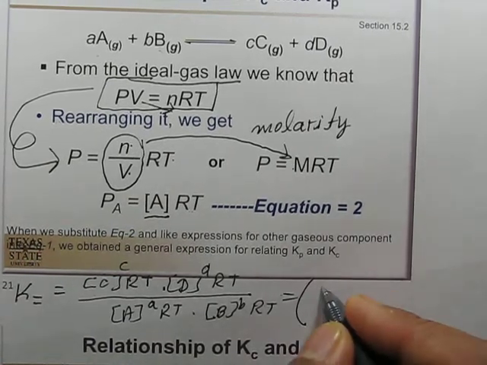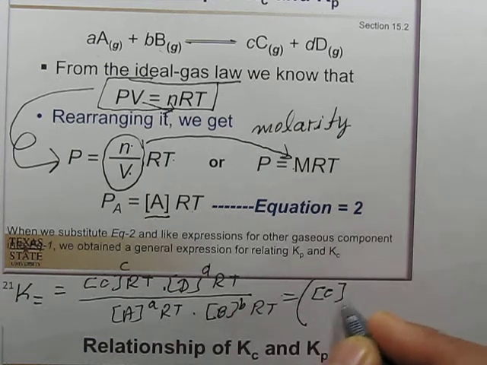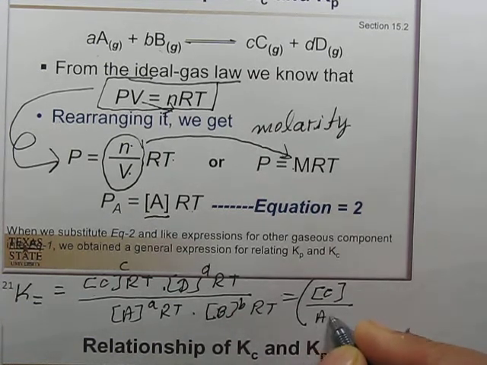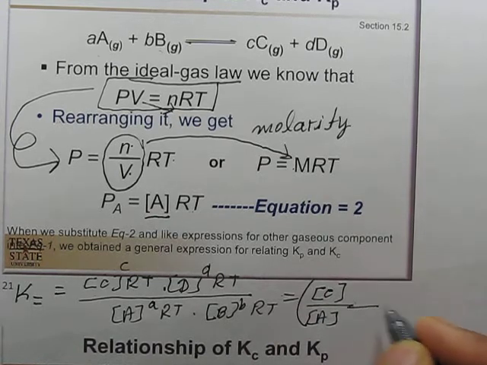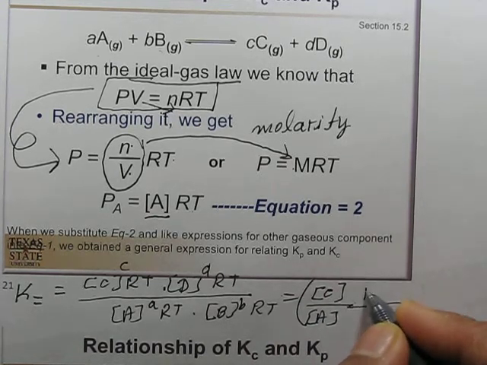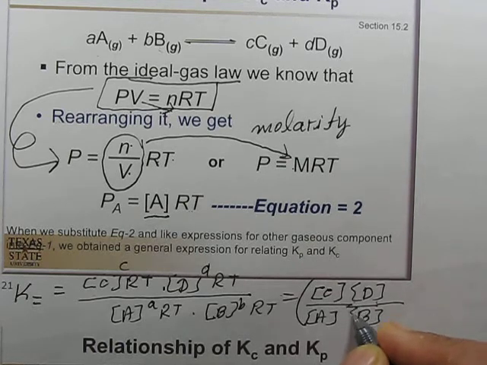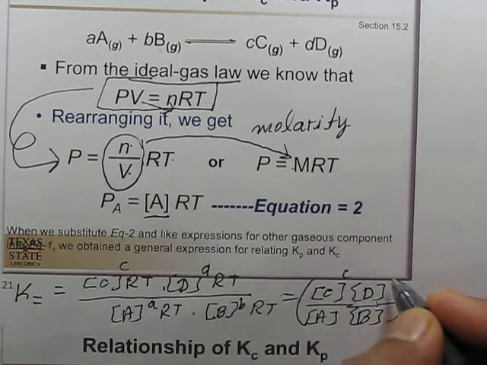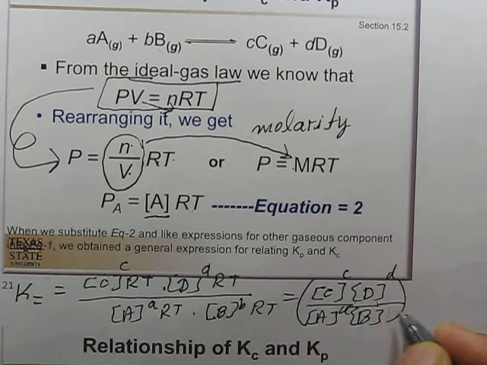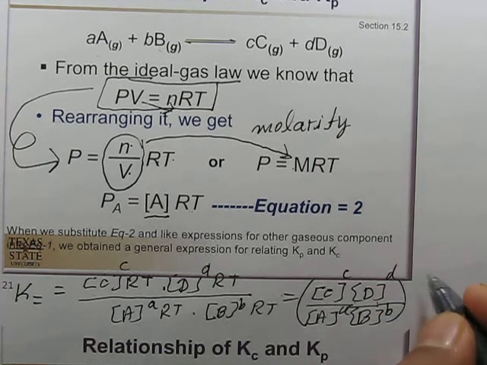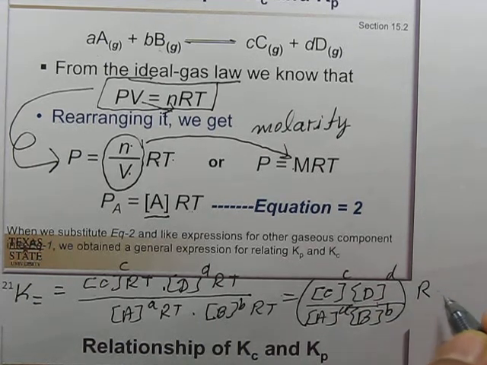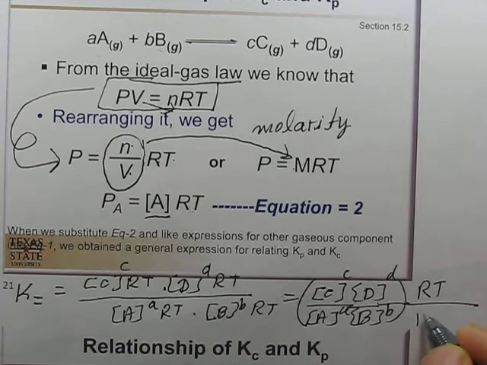So we can do it like this: capital C divided by capital A multiplied by capital D and capital B, and small c, small d, small a, small b will be coefficients as a power, and RT I can take common, RT over RT.